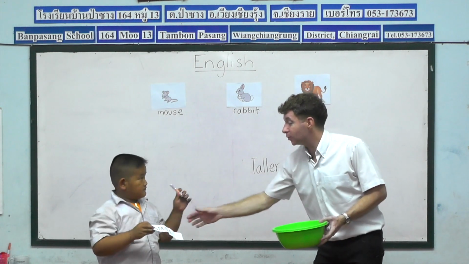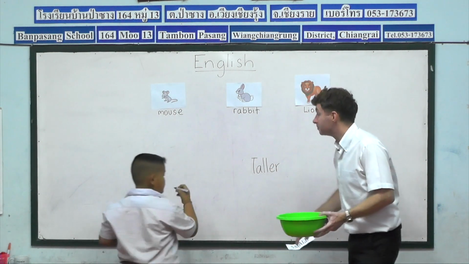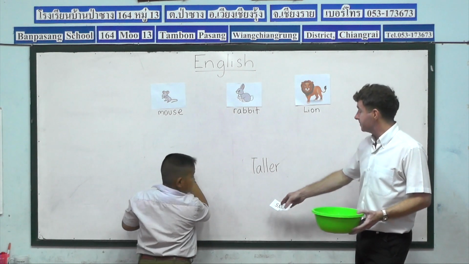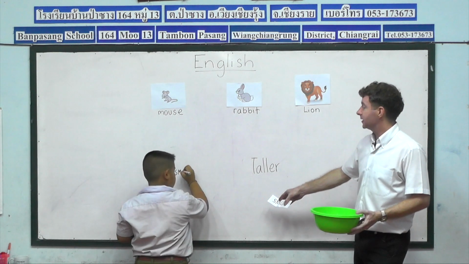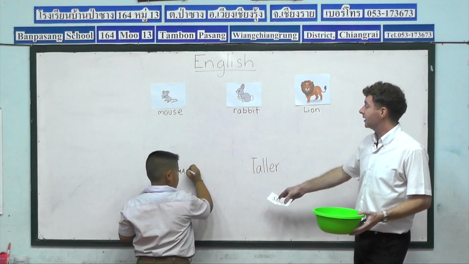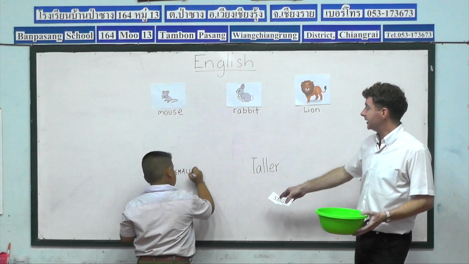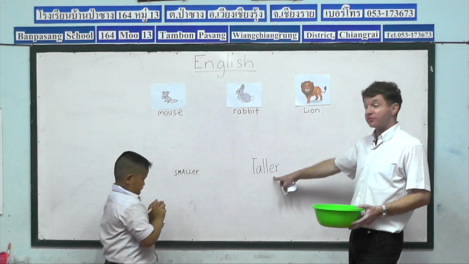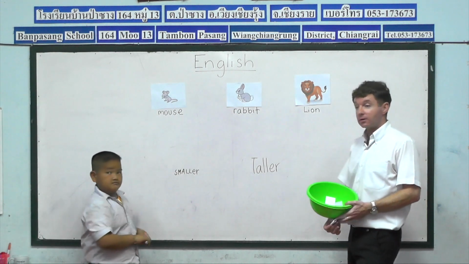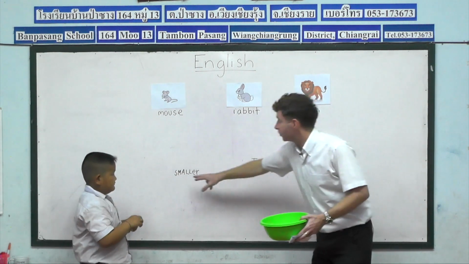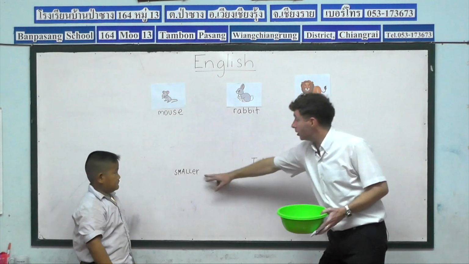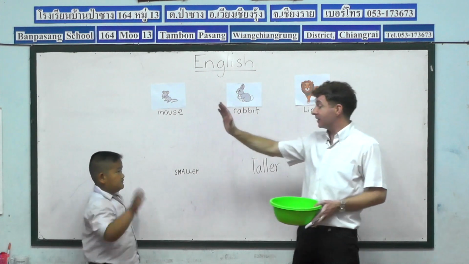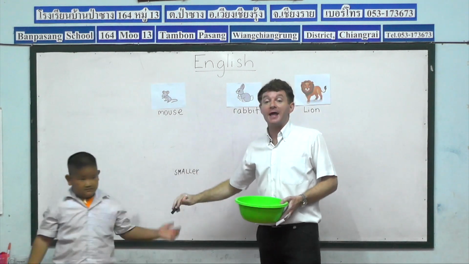So Net, can you go from small to smaller? S-M-A-L-L-E-R. Excellent. It's the same rule for small as we use for tall, because they both end double L. So we go from small to smaller. Excellent, Net. Very well done. Big round of applause for Net.